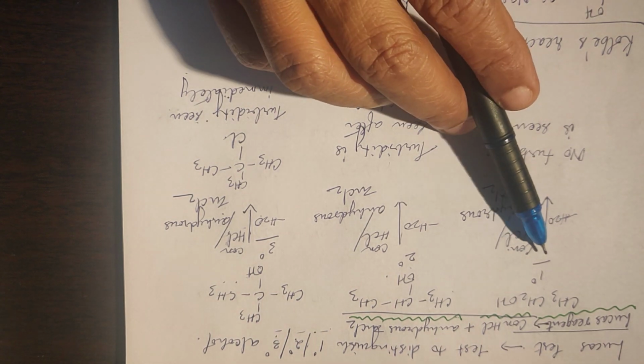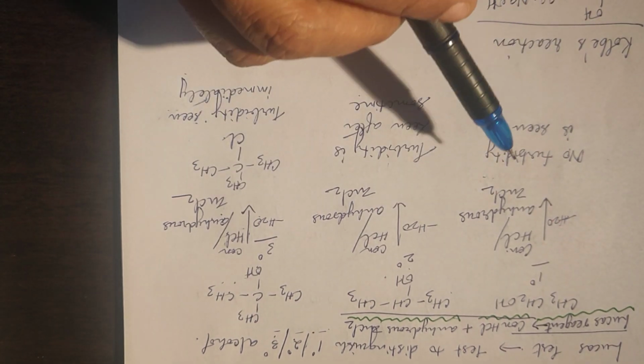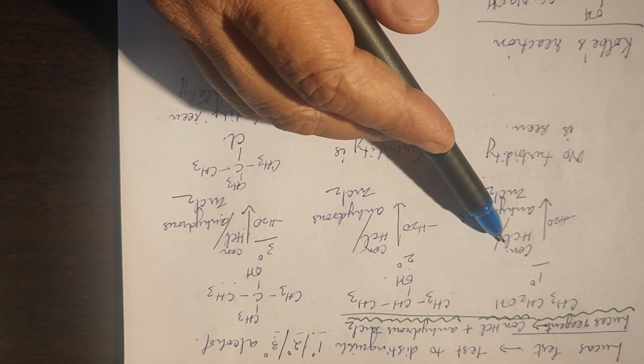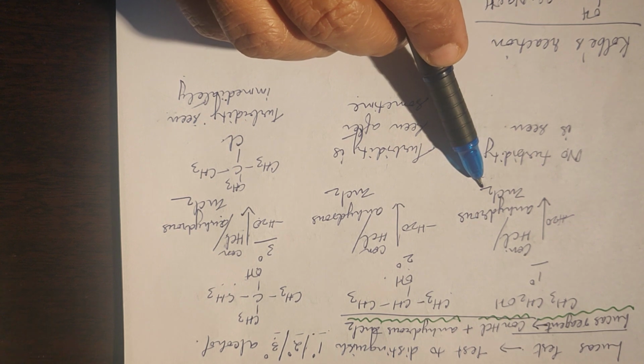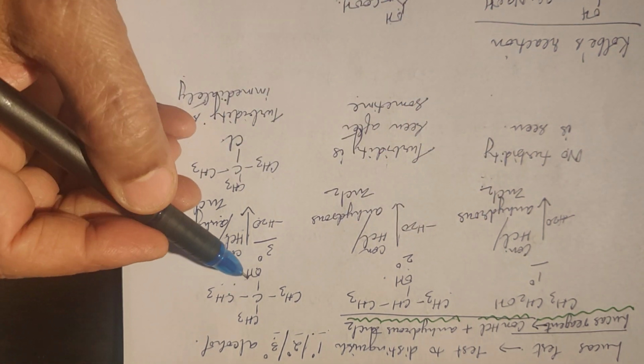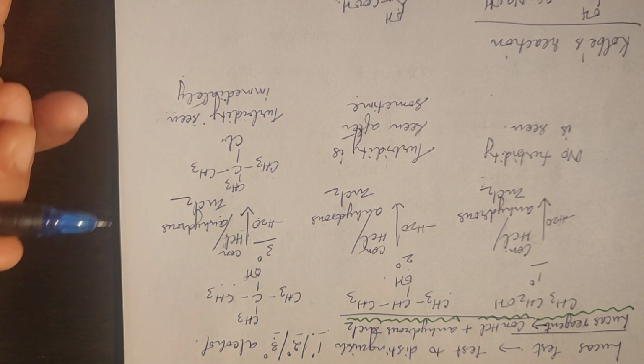Now you treat the three different types of alcohols with concentrated HCl in the presence of anhydrous zinc chloride, and what will you get? Obviously this OH will be replaced by Cl.